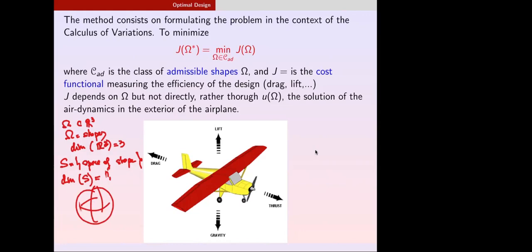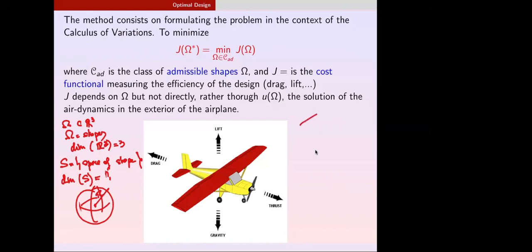What will be the dimension of the space of the spheres? If we just consider spheres, the dimension will be rather limited, right? Because basically it will be 3 dimensions for the center of gravity of the sphere, and one more dimension for the radius of the sphere. So it will be dimension 4, right?